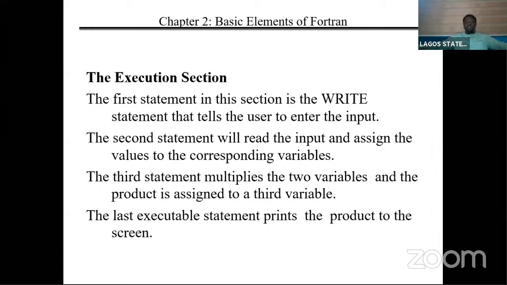We have explained this. Then the third statement multiplies the two variables and assigns the product to a third variable called K. So it reads I and J and assigns the product of I and J to K. The last executable statement is to print out the product on the screen.